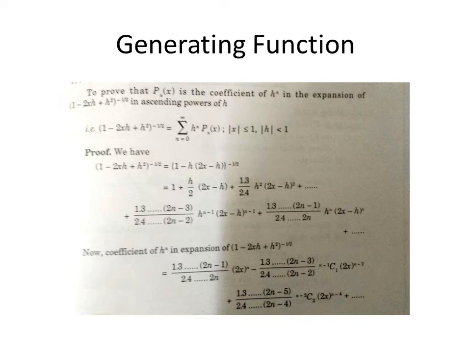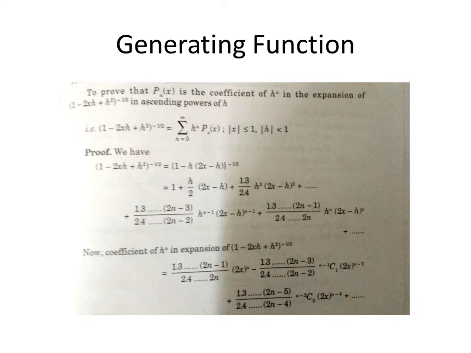Hence the coefficient of h power n will become minus n minus 1 C 1, coming from the binomial expansion of (2x minus h) whole power n minus 1, along with (2x) whole power n minus 2 and the terms multiplied before h power n minus 1, that is 1 into 3 into up to 2n minus 3 upon 2 into 4 into up to 2n minus 2. Similarly, we can find coefficients of h power n from infinite terms from that previous term.